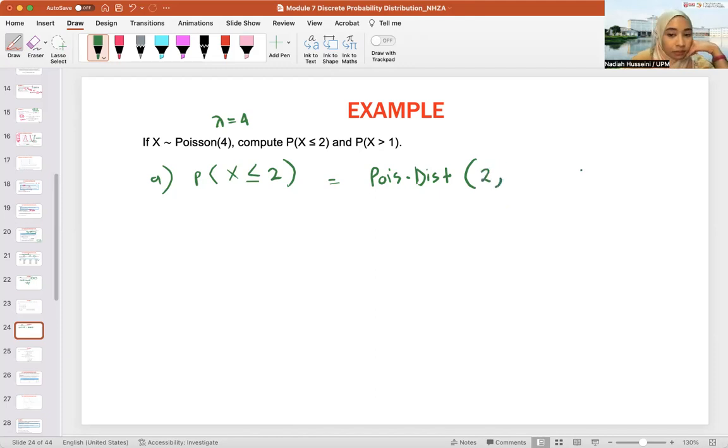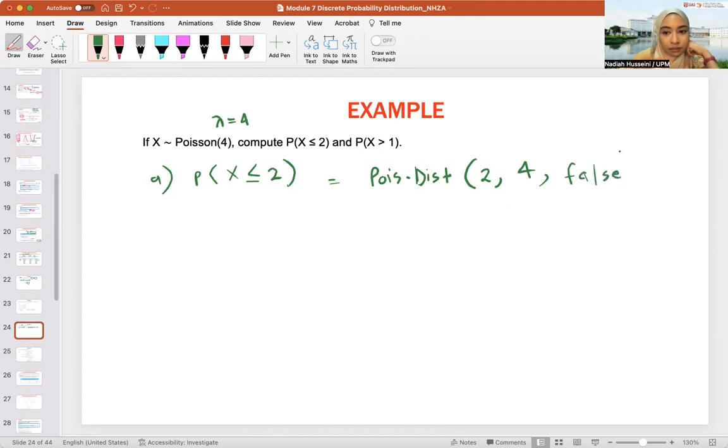What is my mean for this Excel function? 4. 4, correct. So should it be false or true for the next parameter? False. I think false. False, okay. So this is Akmal Mirza's answer.